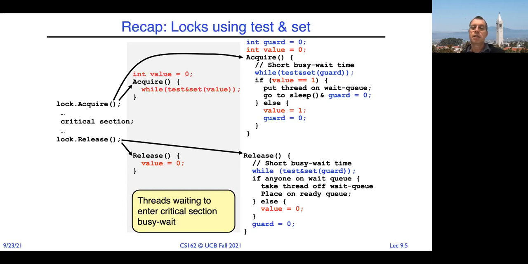In the previous case, you were busy waiting, consuming CPU cycles, as long as someone was in the critical section. In this more refined iteration, you put the waiting thread on the wait queue, so there is no busy waiting. Any questions here?